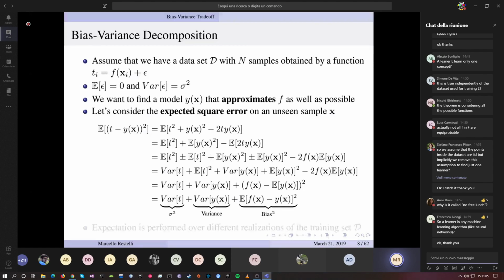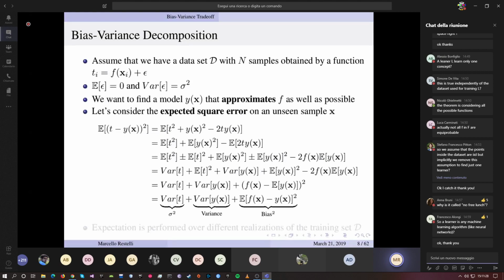And so the noise epsilon cannot be reduced because it's the unpredictable part of the function, it's the stochastic part. And so, for sure, your model will make a mistake that is at least sigma squared. So sigma squared is the best that you can have, the minimum error that you can have. So irreducible error.